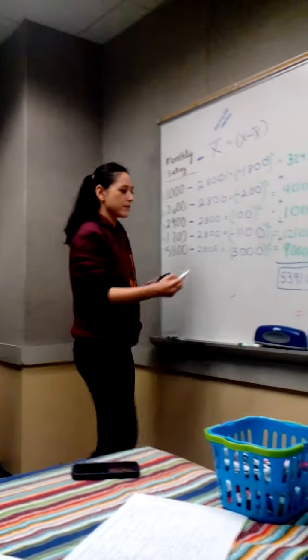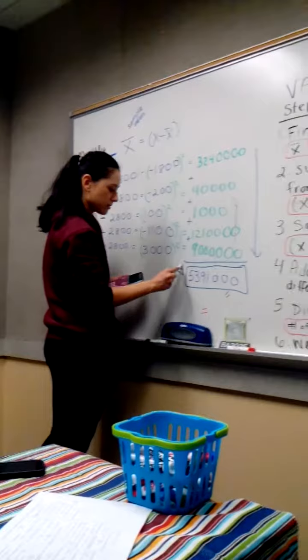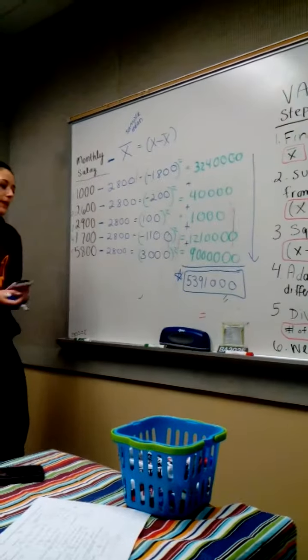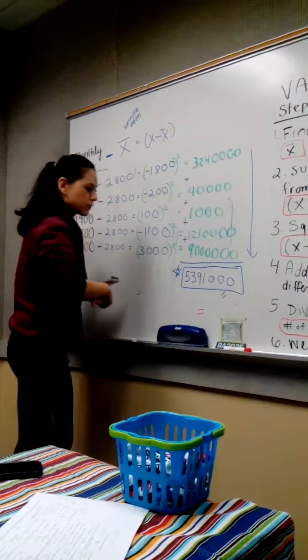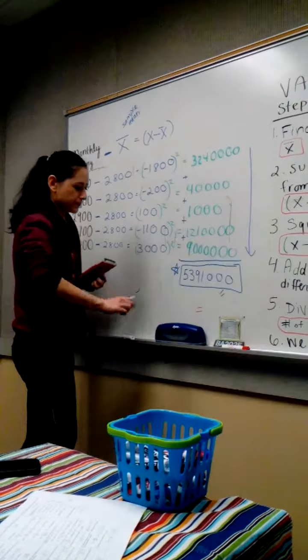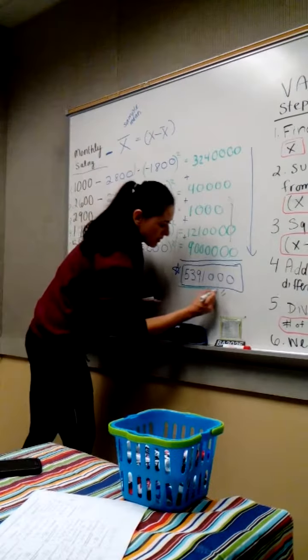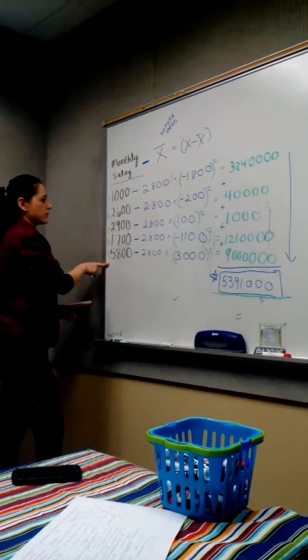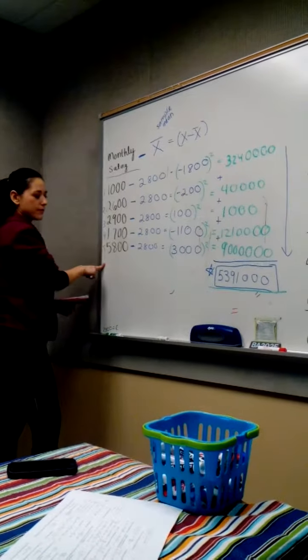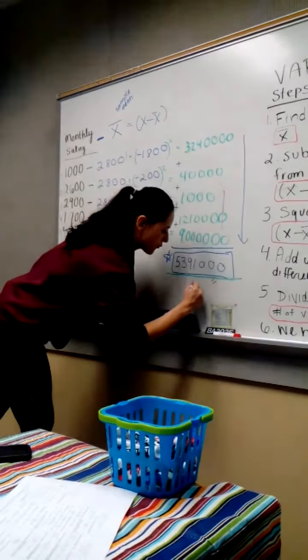So now that we have this number here, we're going to divide by n minus 1. I'm going to do this so that we can see what we're doing. n was 5, that's the number of salaries that we have. Minus 1, so 4.